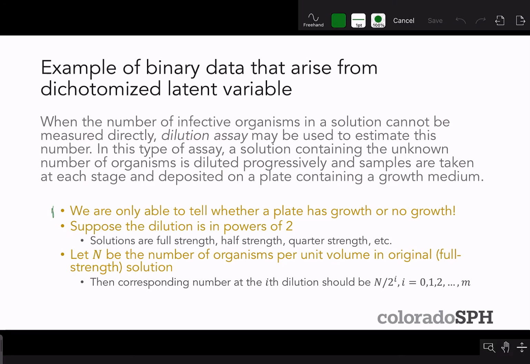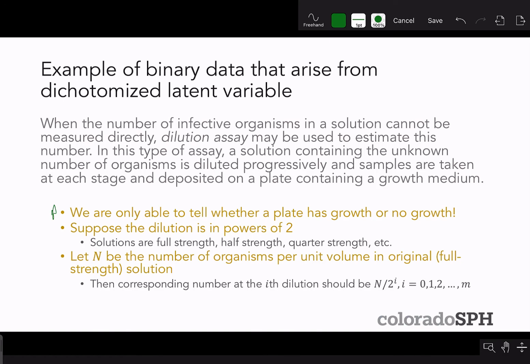For each plate, we can only tell if there is growth or no growth. We don't know that latent number of infective organisms. So the number of infective organisms is a latent variable. Growth or no growth is the observed variable, the observed binary variable.